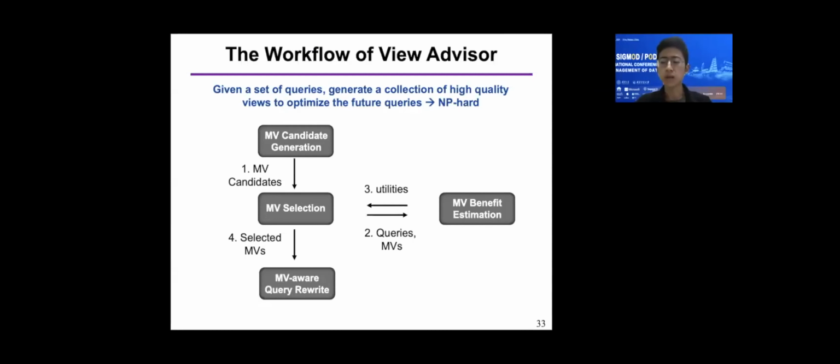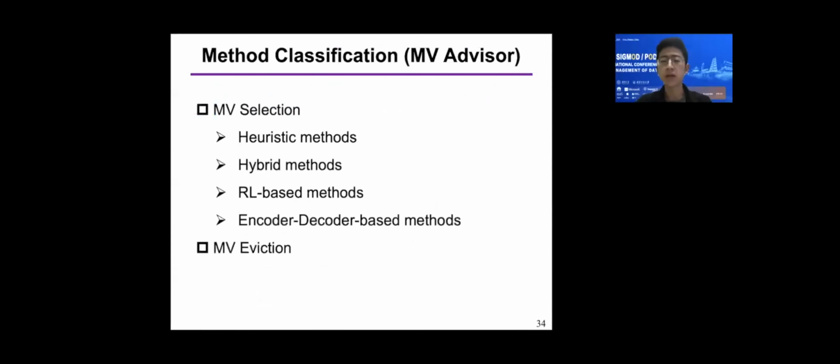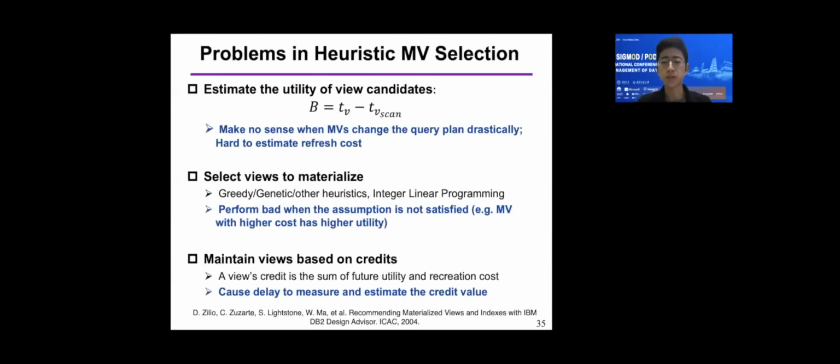What's more, we also need to consider when and how to update and remove the useless materialized views in the future. We can divide existing MV works into MV selection and MV eviction.